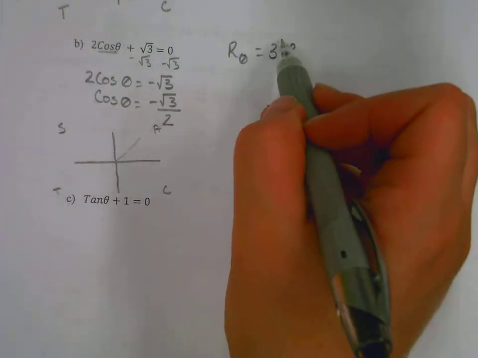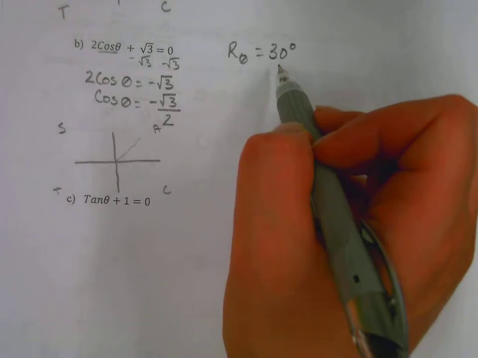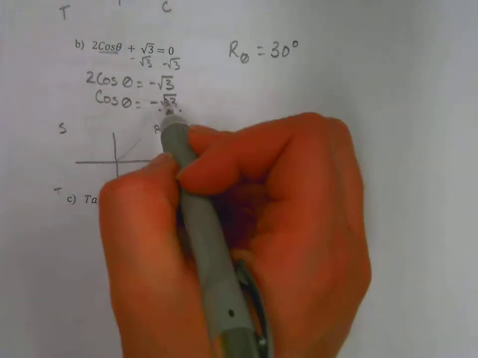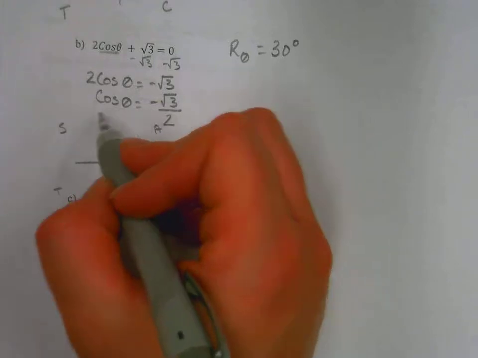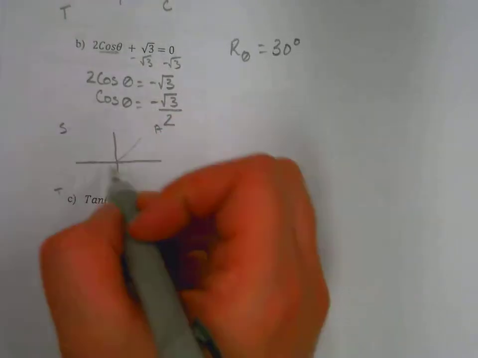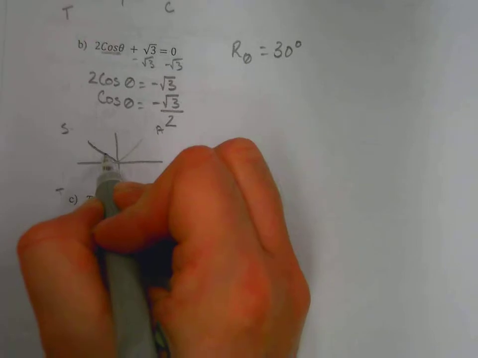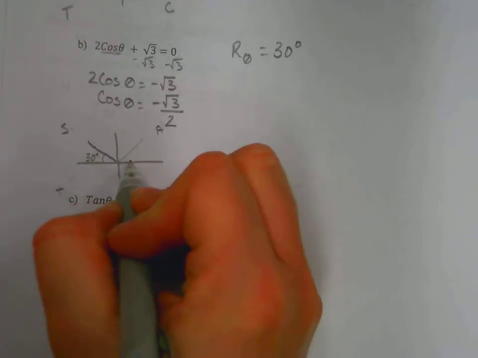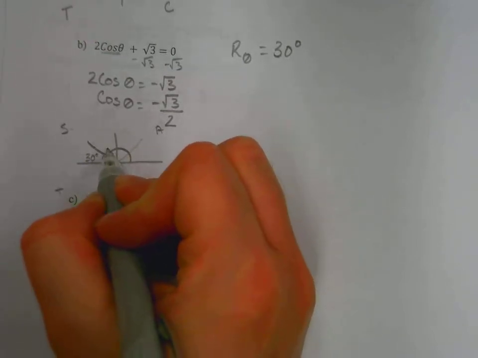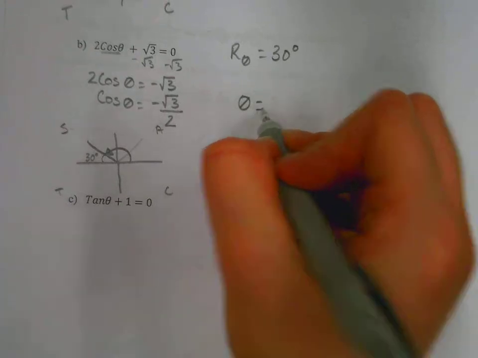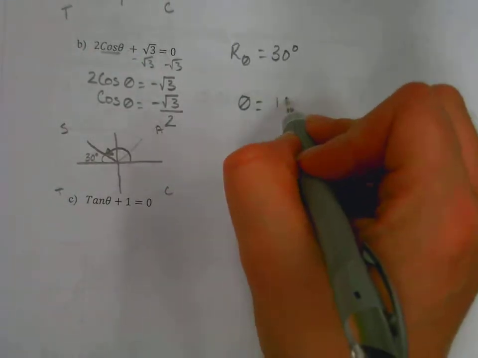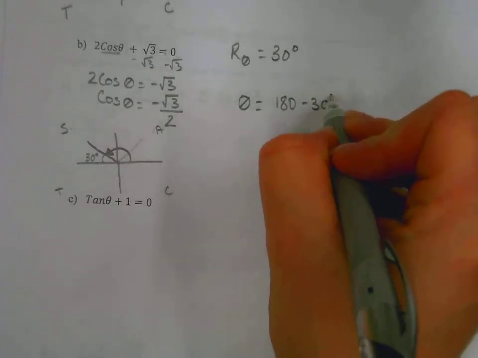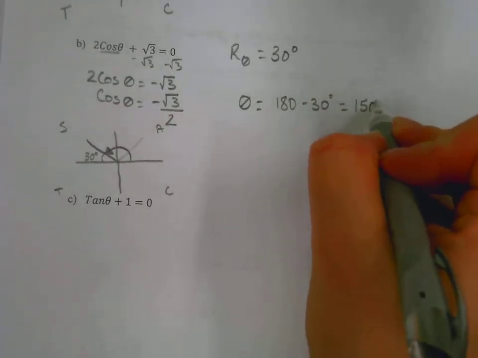Now I'm going to draw this reference angle in the quadrants where this is true. Cos is negative in quadrant 2. Here's my reference angle of 30. So my rotation angle, my angle in standard position, would be 180 minus 30, which is equal to 150.